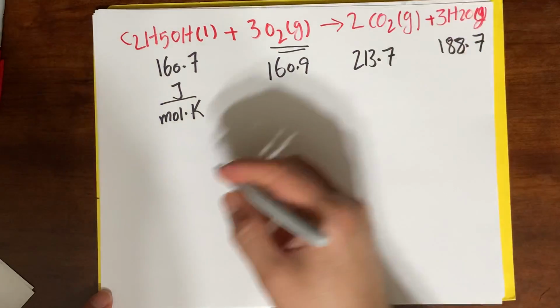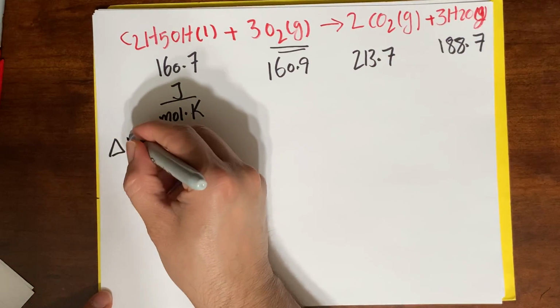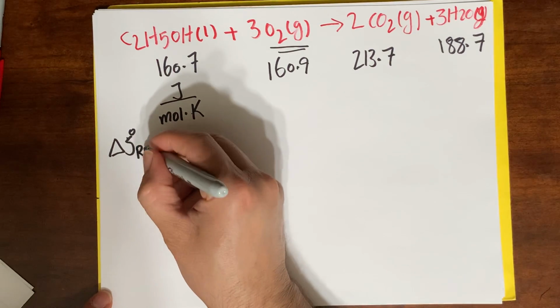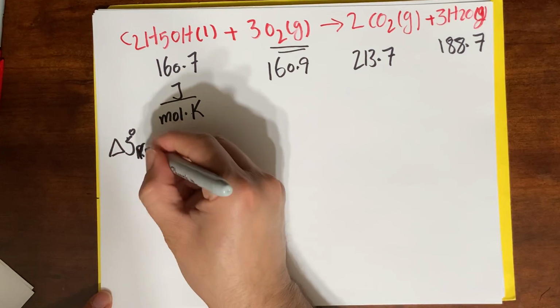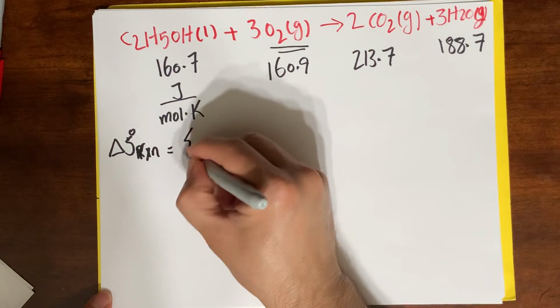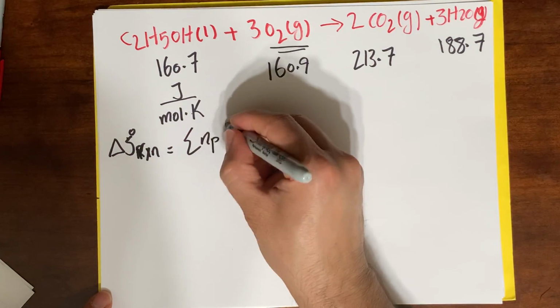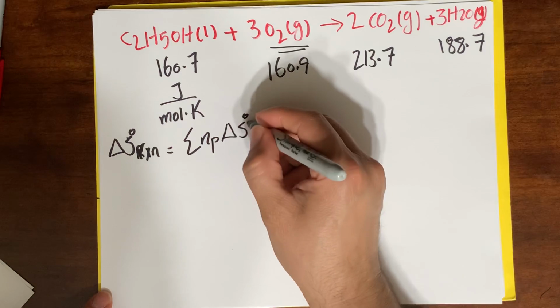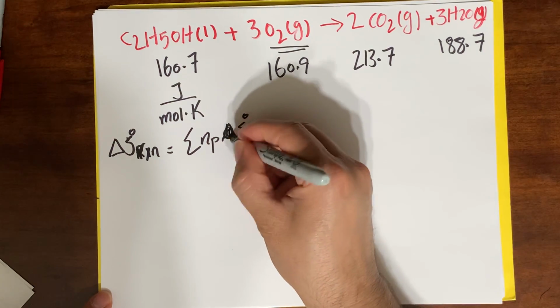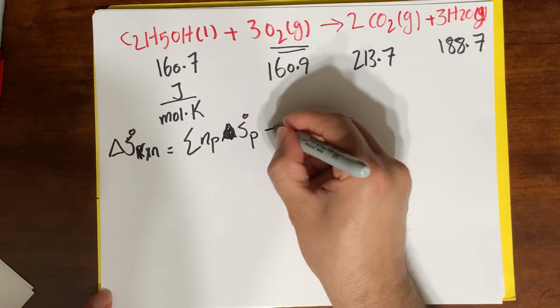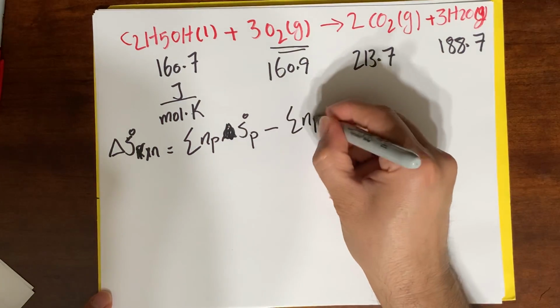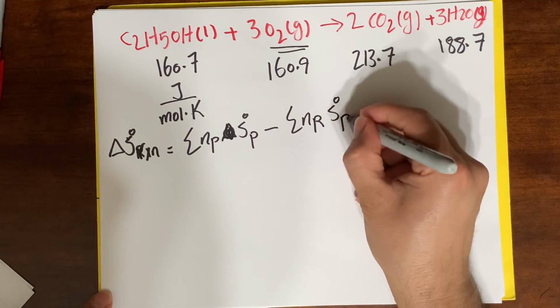So delta S for the reaction is going to be the number of moles of product multiplied by S of product, minus the number of moles of reactant multiplied by S of reactant.